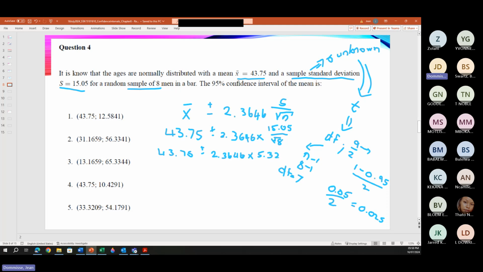So that was my answer out of that calculation. So hopefully that is correct. So 5.321 times 2.3646 gives us 12.582.